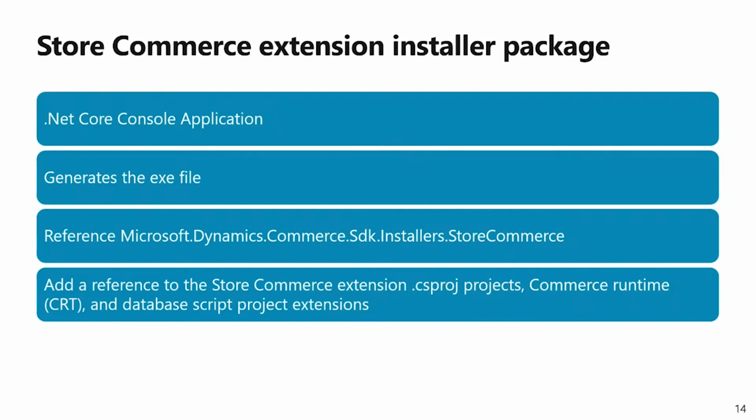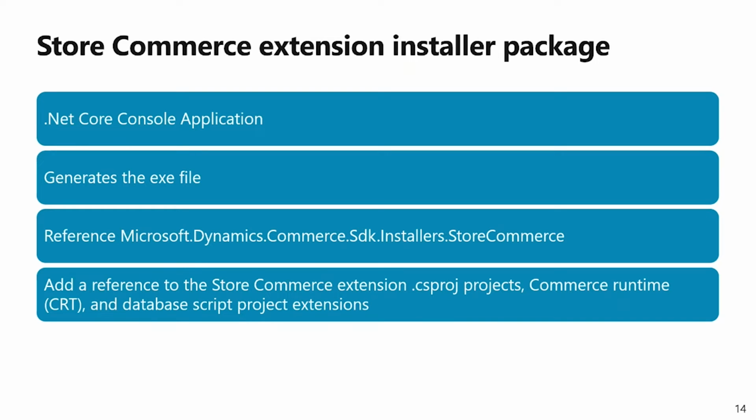The last topic to discuss before we jump into the first scenario and demo is the Store Commerce extension installer package. The Store Commerce extension installer package is a .NET Core console application. The console application generates the exe file for the installer.